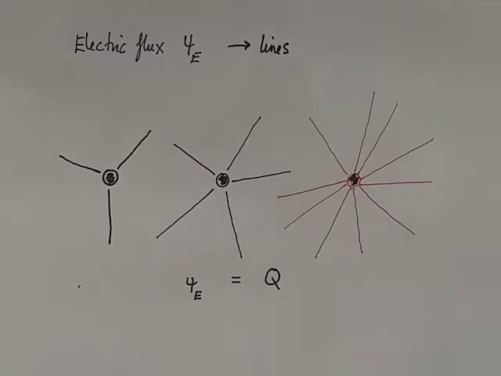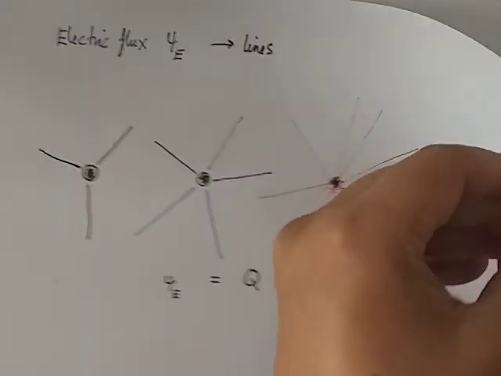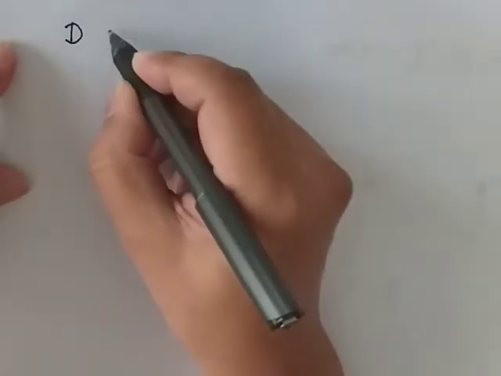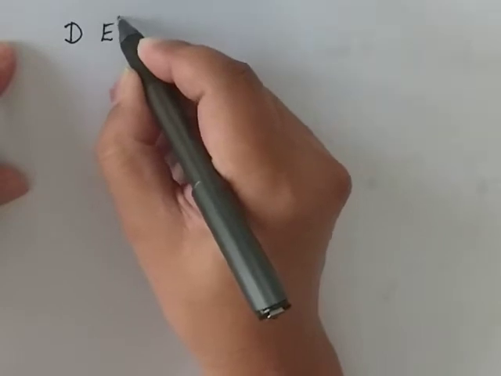Okay, so let's go on to the second parameter, which is the D. The D is our symbol for electric flux density.